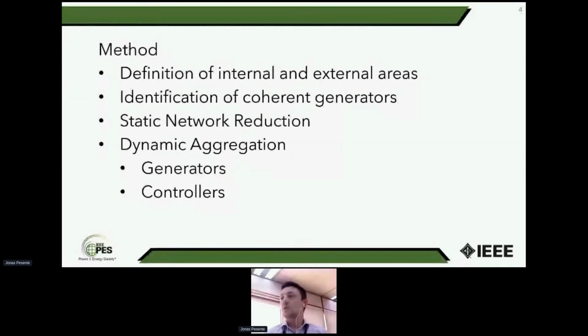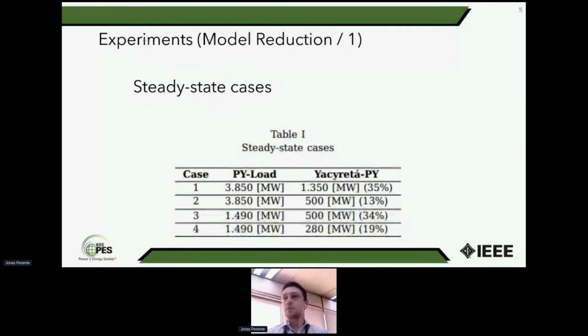After obtaining the aggregate frequency response, a least square error routine is computed to obtain a transfer function that represents the aggregated frequency response. And we selected four steady-state cases for the simulations in the loop fashion, which are the most representative of critical conditions, and combine low and high Paraguayan load and low and high power interchange between the Paraguayan-Argentinian power systems.